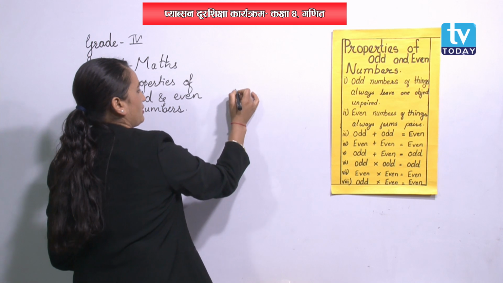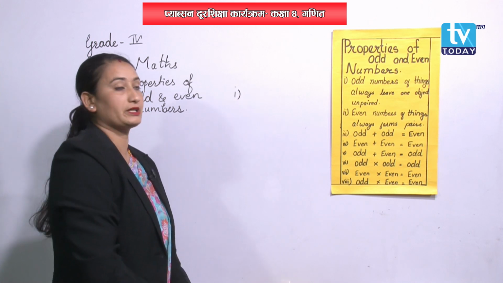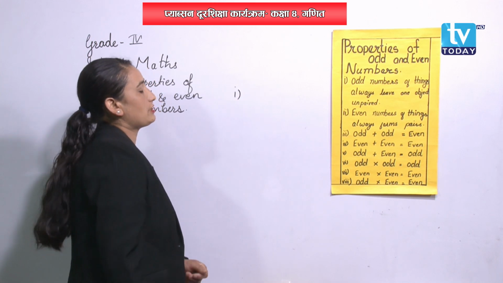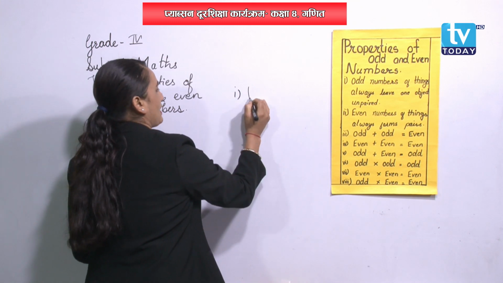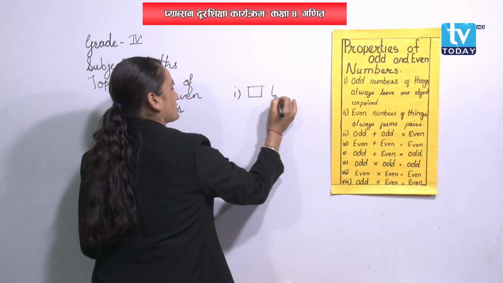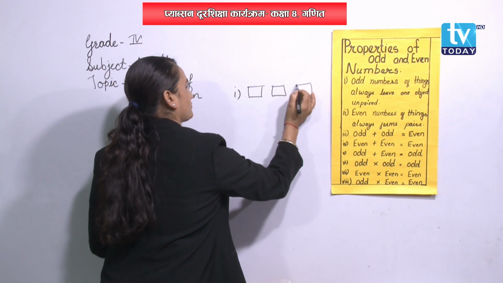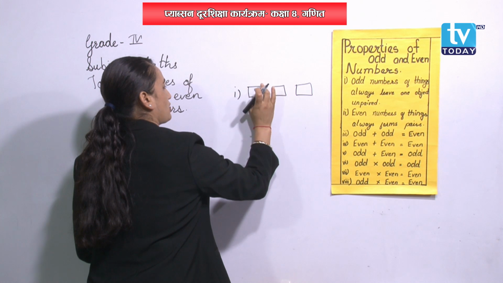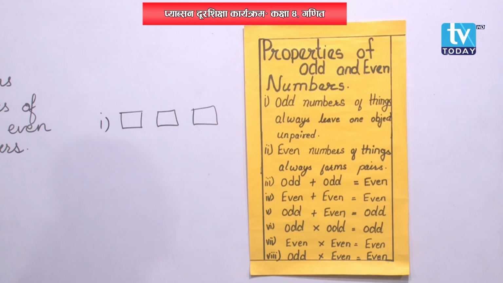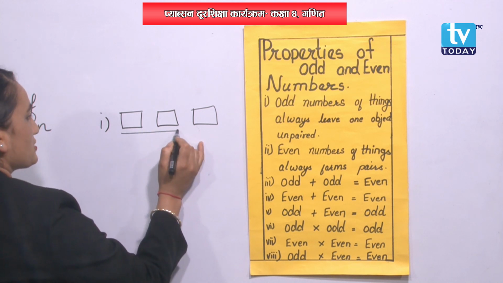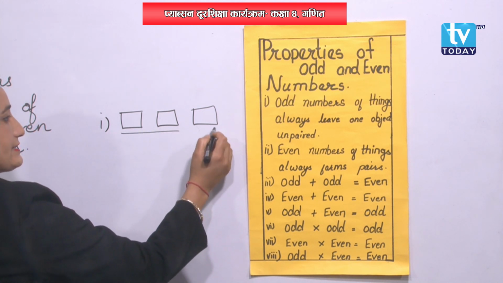For the first property to be proved, what do we have to do? The first property is odd number of things. I am going to make an odd number, okay? I am going to make 3 boxes here. 3 rectangular boxes, right? In these 3 rectangular boxes, can you separate the numbers pairwise? Of course, these 2 form a pair and this remains single.